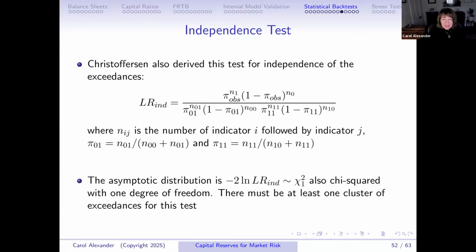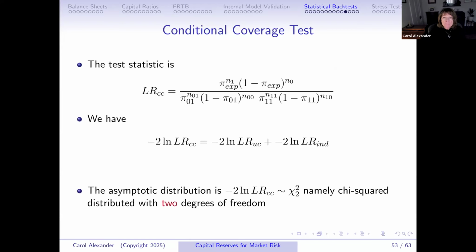So anyway, this time we've got another chi-squared distribution for -2 log of LR. And there must be at least one cluster of exceedances for this test to work. Then there's the conditional coverage test, which is a similar sort of thing using the same variables, but you've got the exp on top rather than the obs on top.